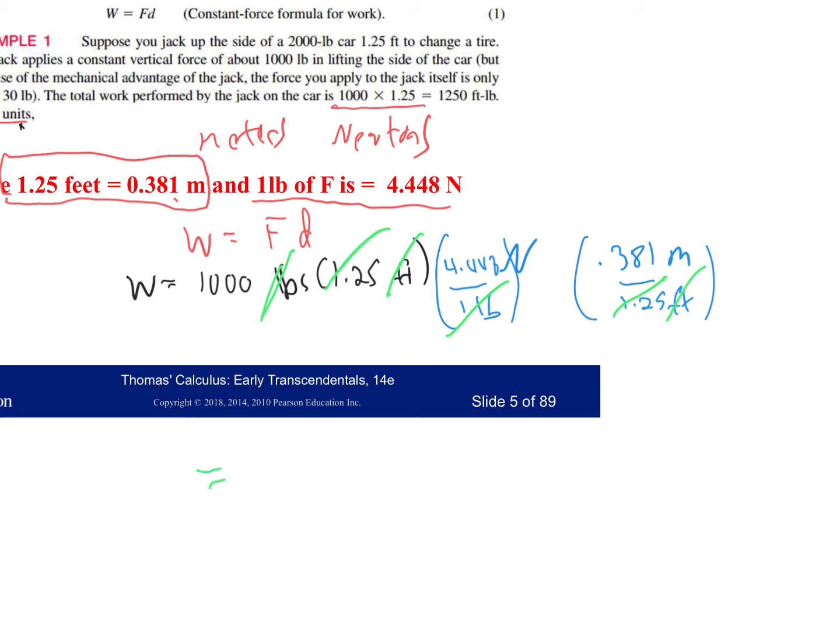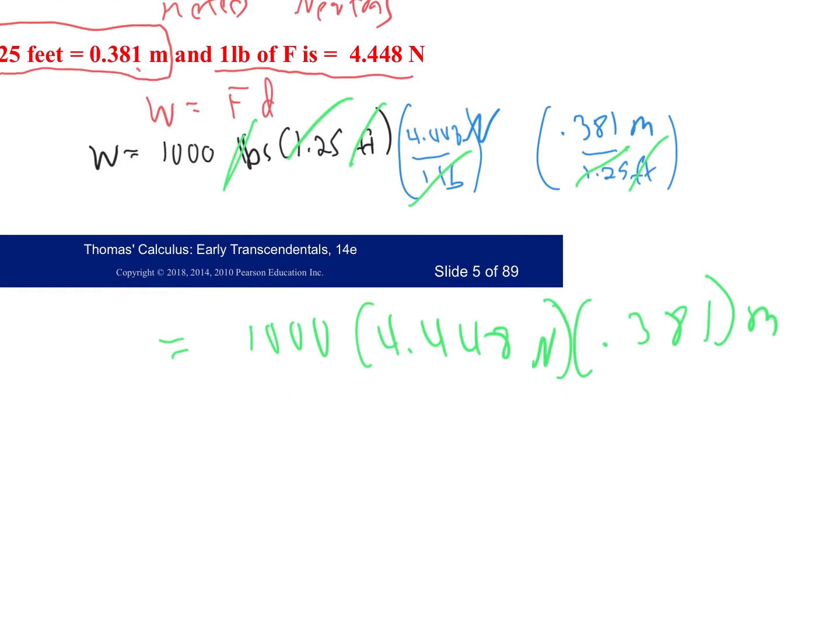So I'm left with 1,000 times 4.448 newtons times 0.381 meters.